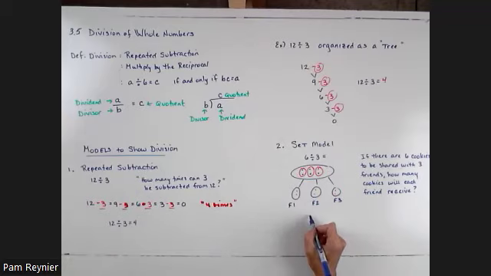So therefore, 6 cookies divided by 3 friends gives you 2 cookies each.